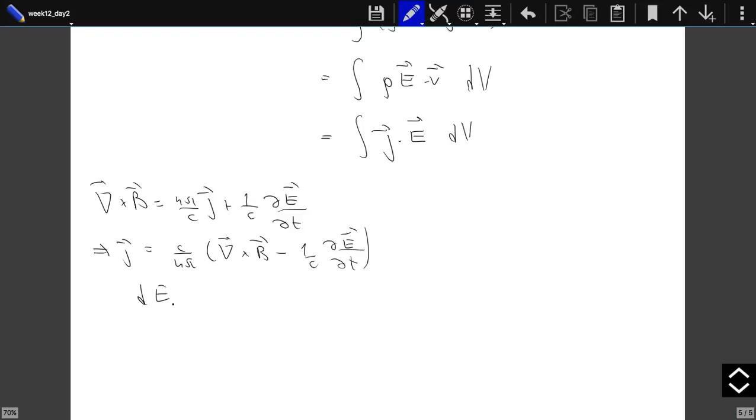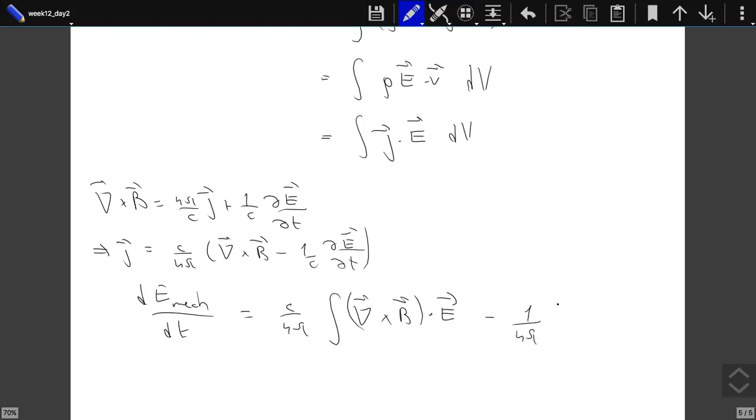So that tells me that the rate of change of the mechanical energy is equal to the integral of c/4π curl of B dot E minus 1/4π ∂E/∂t dot E dV.